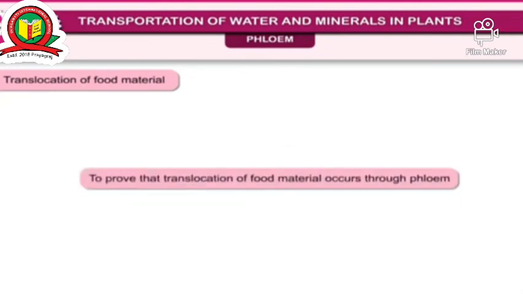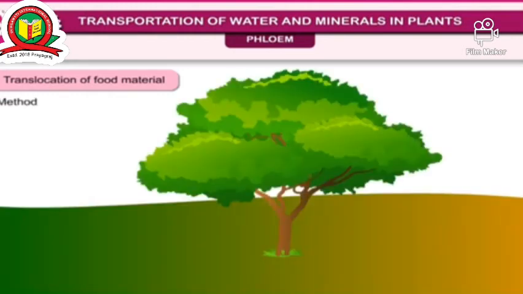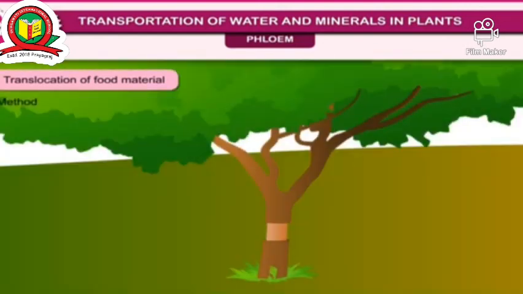Activity. To prove that translocation of food material occurs through phloem. Method. In a woody stem, all the outer parts, that is, the phloem, are removed in the form of a ring or girdle. This includes phloem along with the bark. It is kept moist by keeping a wet cloth around the ring.